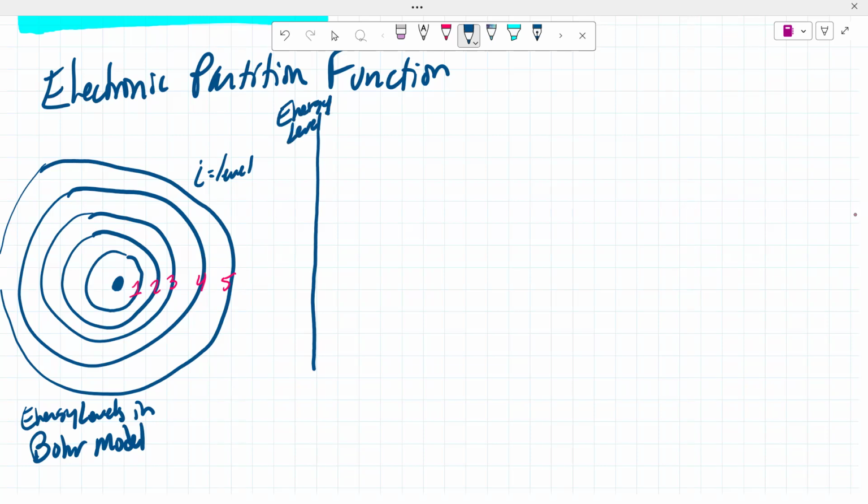And here's also the amount of energy on this axis. In other words, this graph has two corresponding things. So when the energy level is 1, which means it's right here in the first orbit, the amount of energy is going to be set to 0 because it's the reference state.